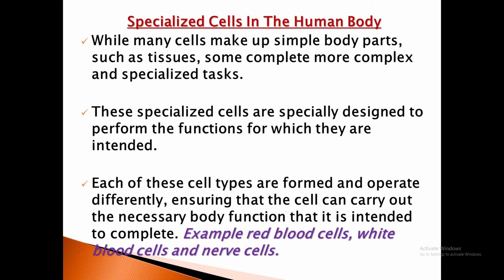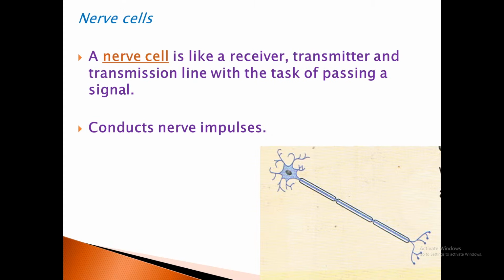For example, red blood cells, white blood cells, and your nerve cell. Alright, so that is the introductory overview of what specialized cells are. Now we're going to be looking at those specialized cells individually.